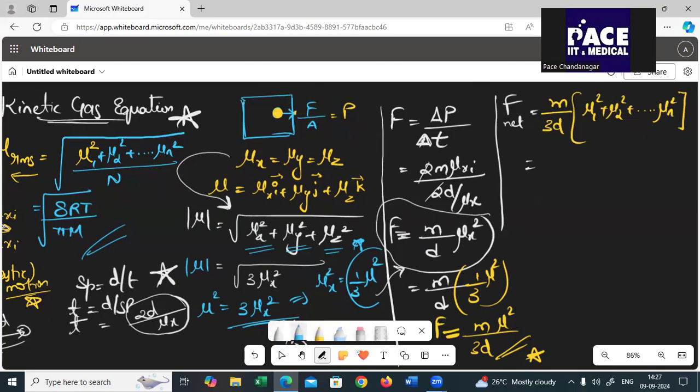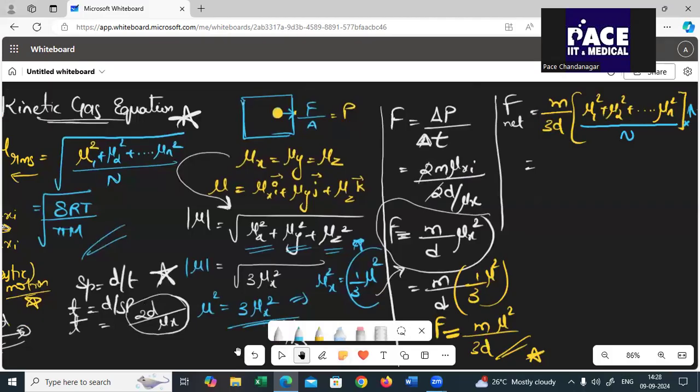Now I know the formula for urms. urms is equal to under root of u1 square plus u2 square plus un square by n. So what I do here is I'm just multiplying and dividing with n. Carefully you do it.